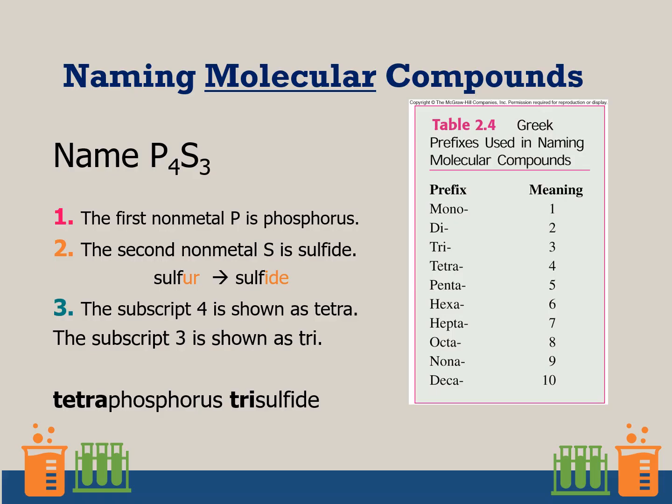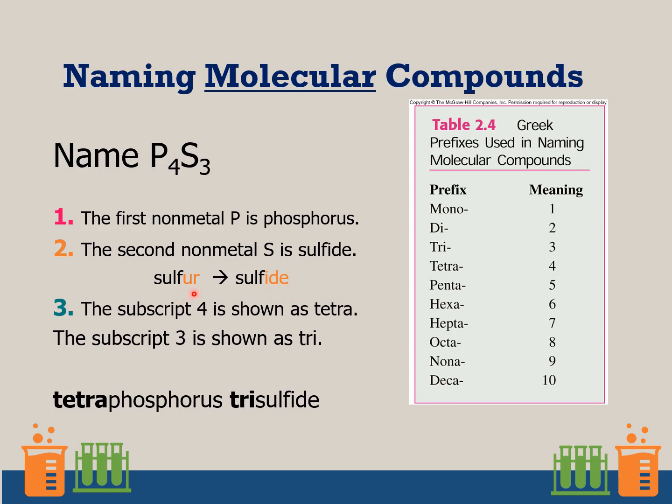Let's name this molecular compound. So what we're going to do is write the name of the first nonmetal, which is phosphorus. For the second nonmetal, we are going to write its name, then get rid of the suffix, so we have the nonmetal stem. And then we add the suffix IDE.